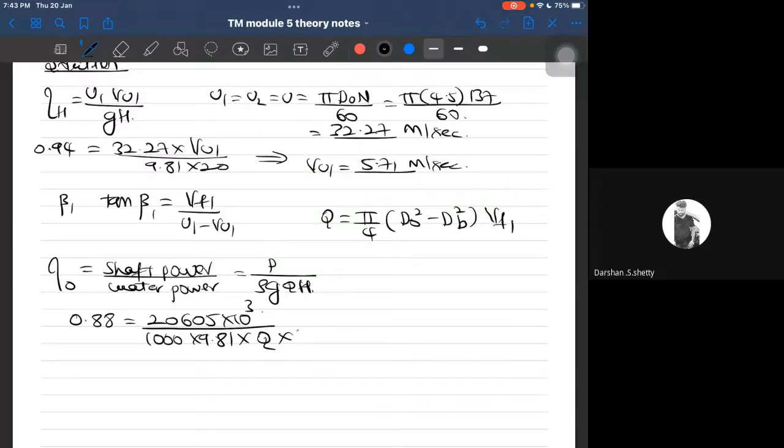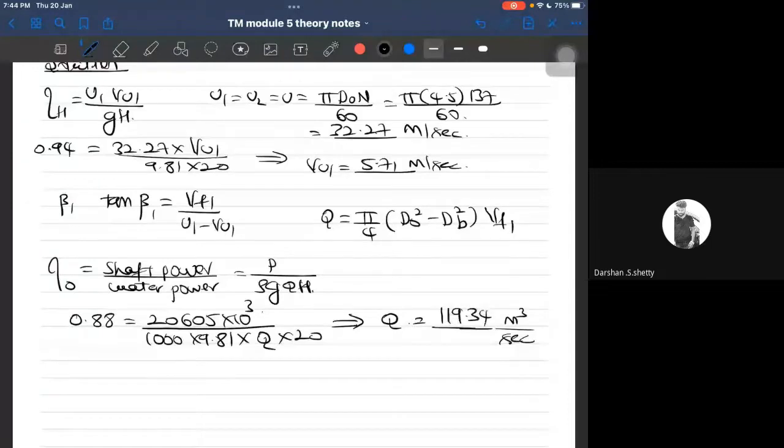So from this you are going to get the value of Q. So what is the value? Q value is 119.34 meter cube per second.